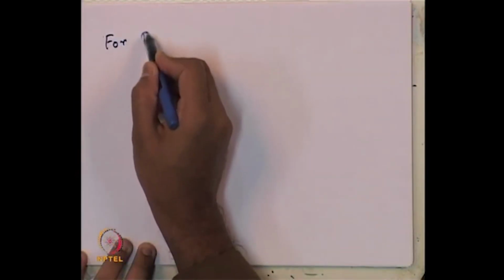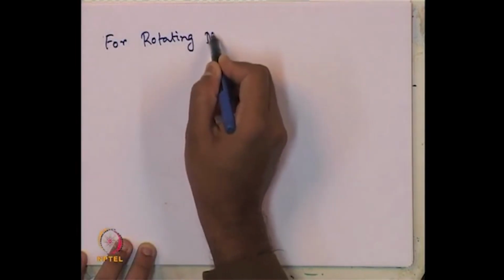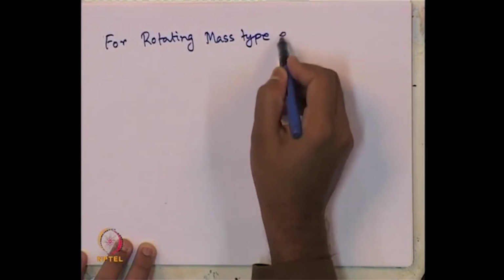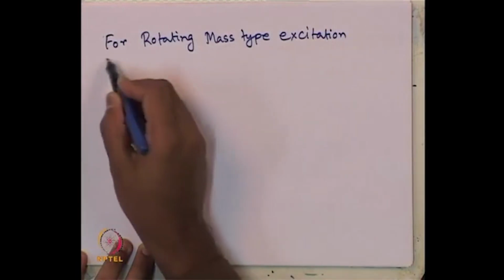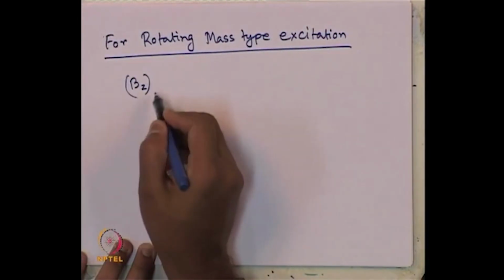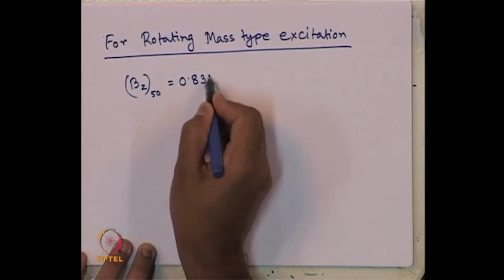Fine. Now, for rotating mass type excitation, let us see how much we are getting. For rotating mass type excitation, we have Bz for g equals to 50 as 0.831.